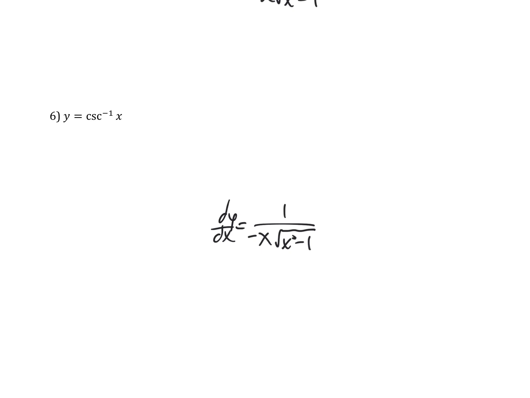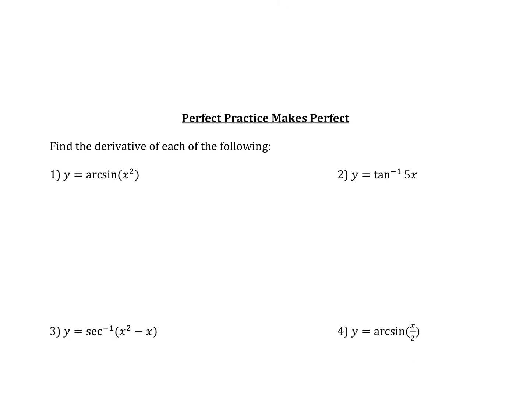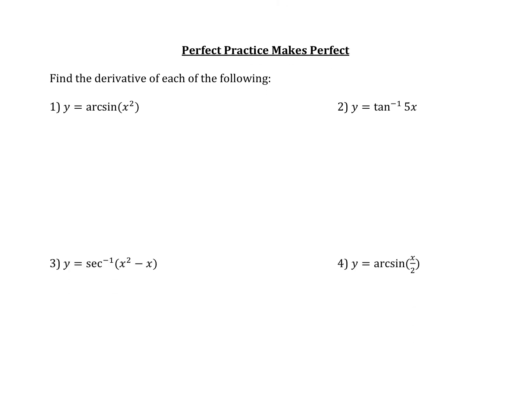Okay, the most common ones will be sine and cosine, but you'll need to know the other 4 as well. Okay, we practiced the derivation, we saw where the derivation came from, but in reality, all you need to do is have them memorized. Okay, so let's maybe run through a couple to see how it works, and then we will go from there. So perfect practice makes perfect.